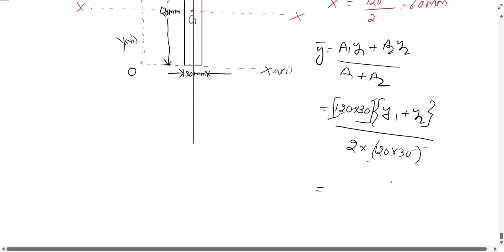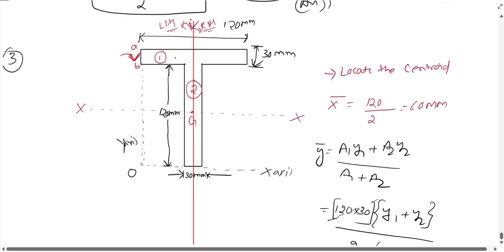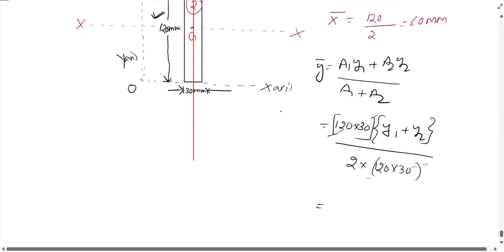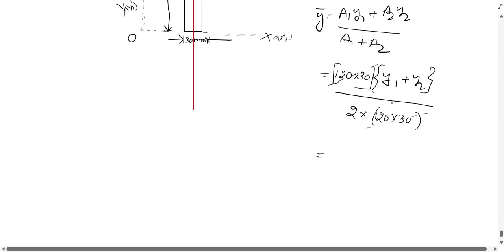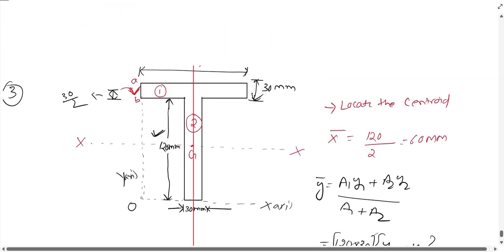section 1, and section 1 is the top flange. So how will we calculate the value of y1? You can calculate by adding this distance and this is y bar, y1 bar, it is 30 by 2 plus this distance 120. So y1 equals 120 plus 30 by 2. And y1 is not the centroid of figure 1, y1 is the distance of the centroid of figure 1 from the origin.